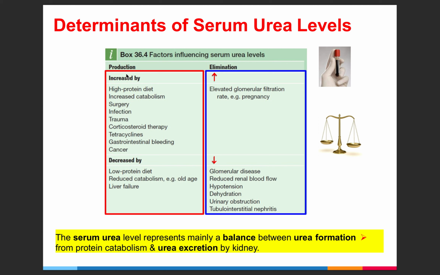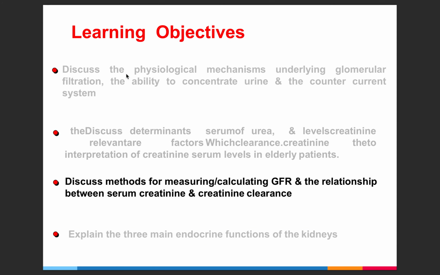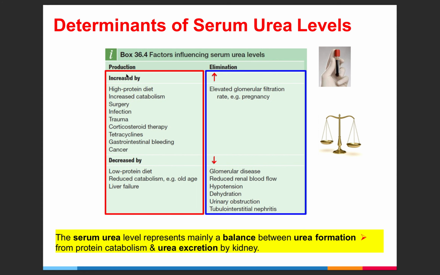For creatinine to start to go up, you have to lose at least 50% of the nephrons that are currently functioning. So here, as we said, are some things that increase the production of urea, and here are some things that reduce the production of urea.